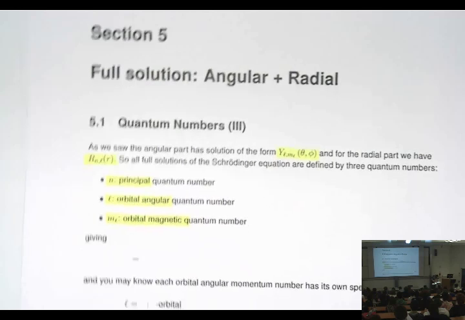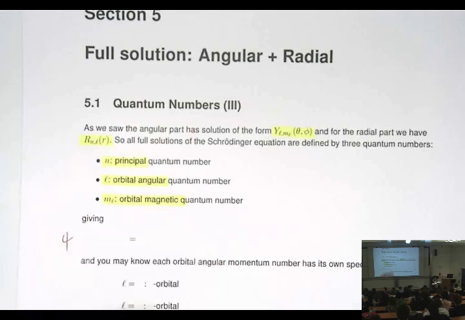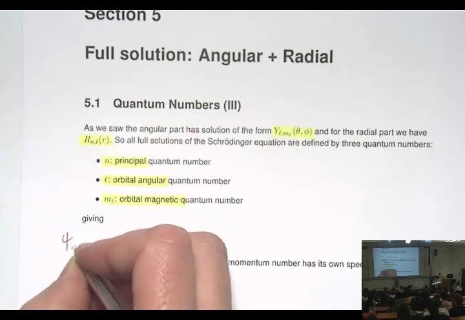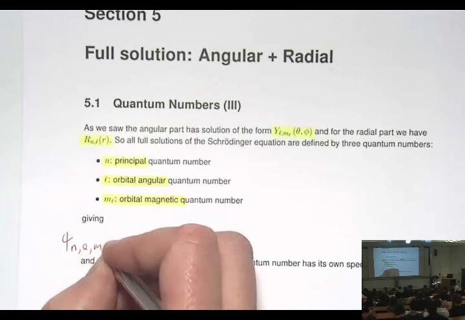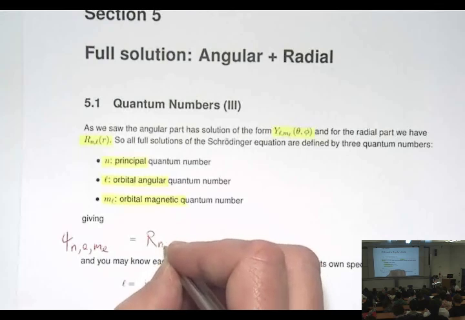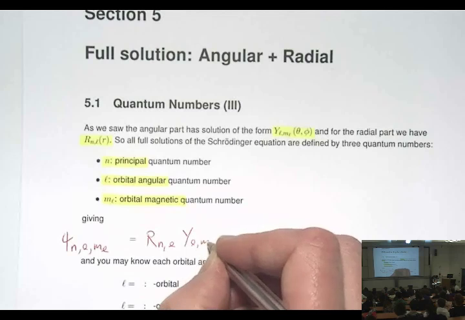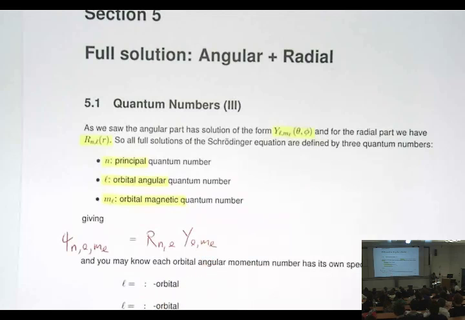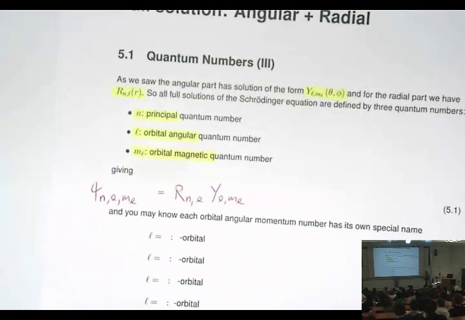So we can write our wave function now as a wave function, but I need to tell you what n is, what L is, and m sub L. Because I've got R of n and L, and I've got the angular wave function of L and m sub L. So we're getting more abstract now. We're getting away from writing down masses of cosines and exponentials and all sorts of stuff.